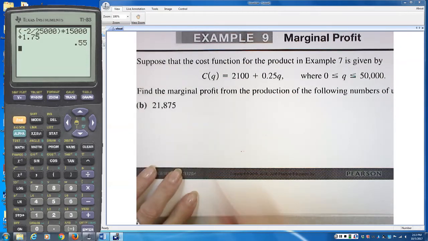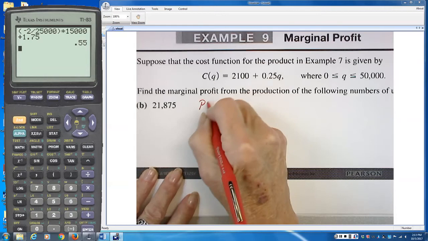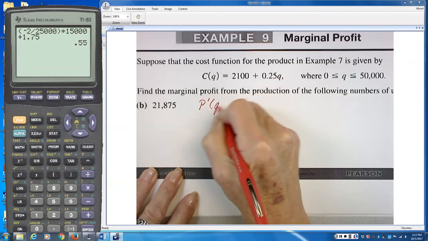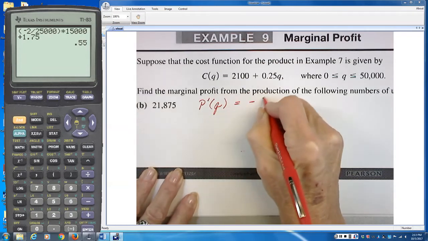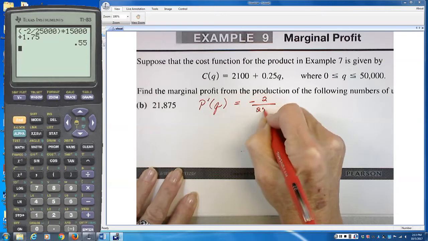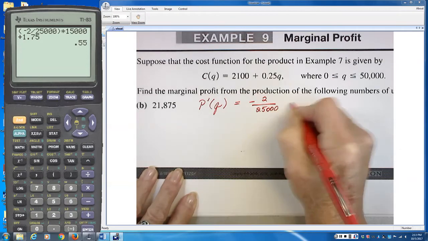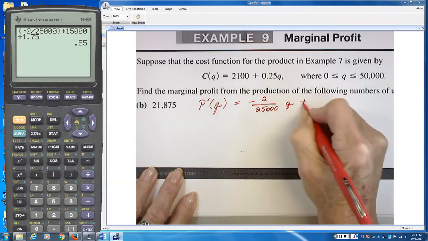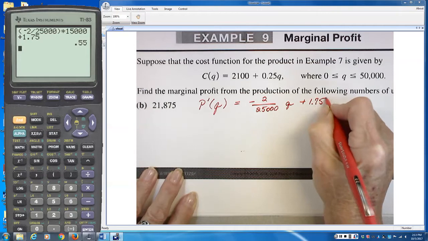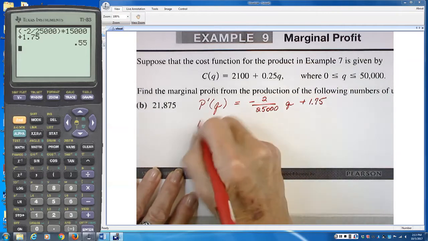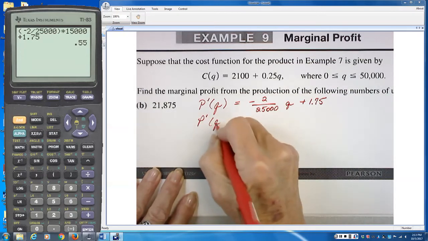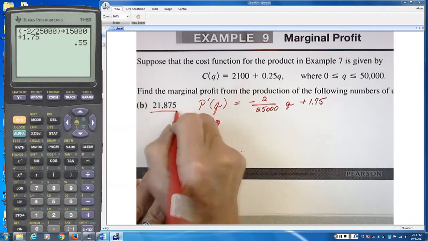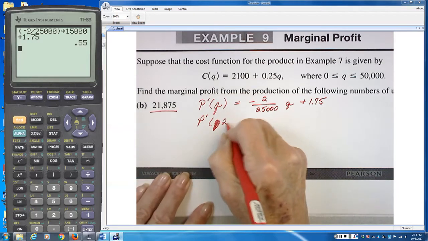Because if you take that same profit equation, it's not Q anymore, it's 21,875.